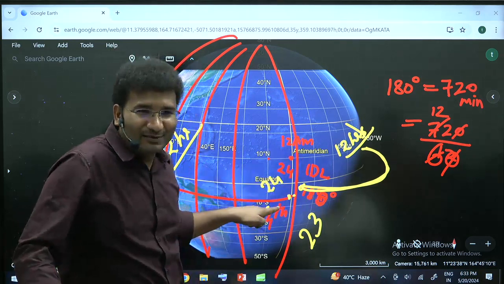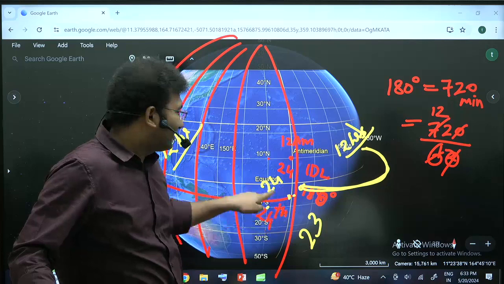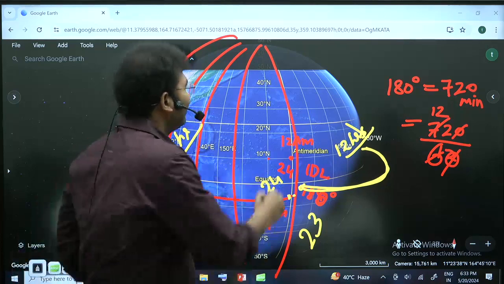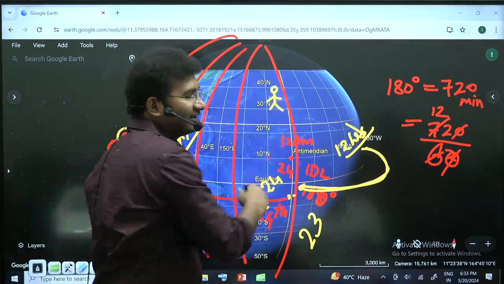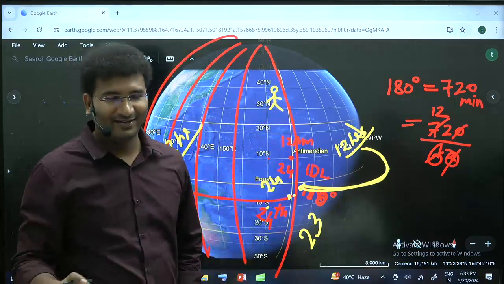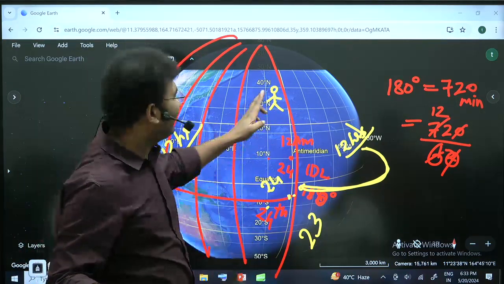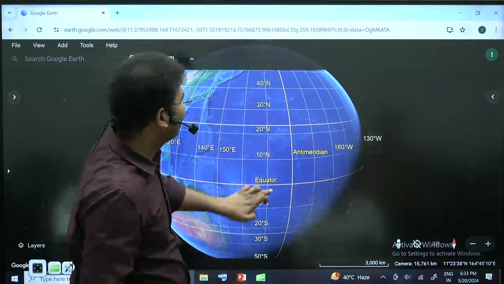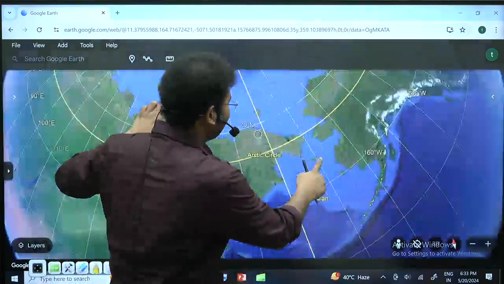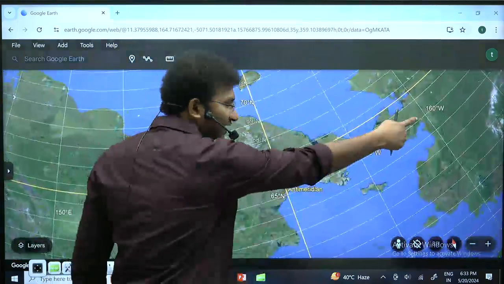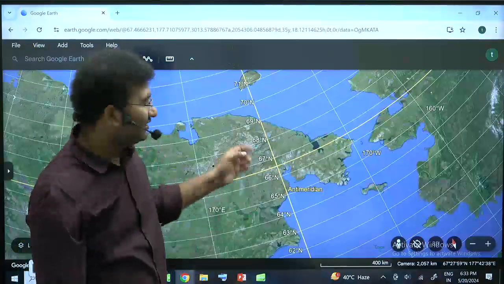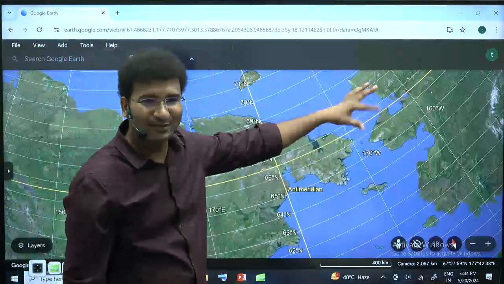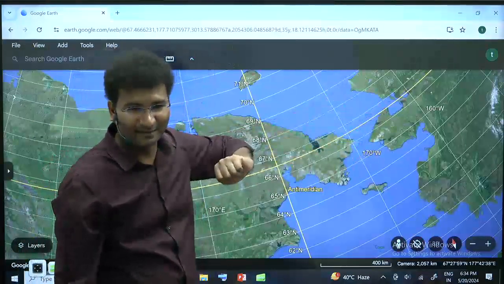If 24th is my birthday, what I'll do is, रात को 12 बजे I'll be standing here and I'll throw a party. ठीक है? And next, after that, if you look here, the distance between these two places, between Alaska and Russia, this particular distance is just 20 kilometers, 30 kilometers की फर्क है.